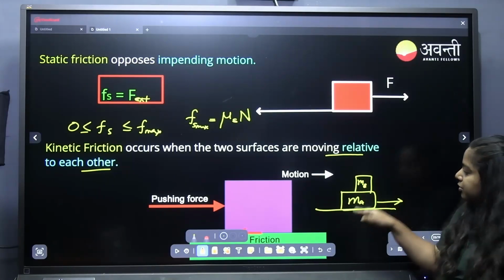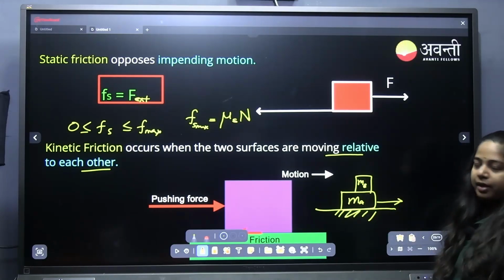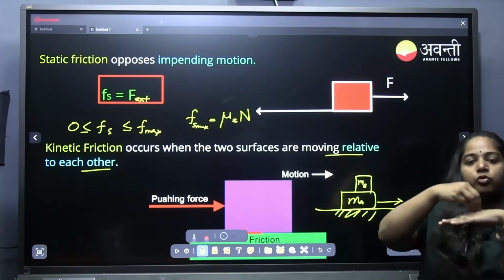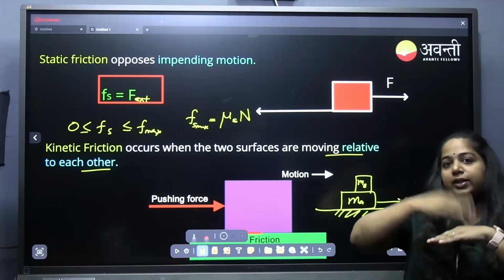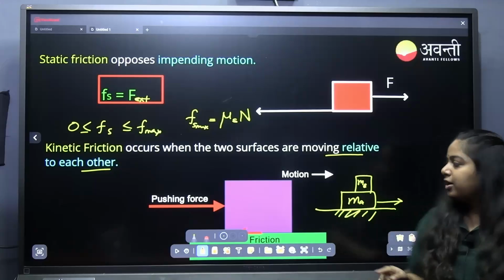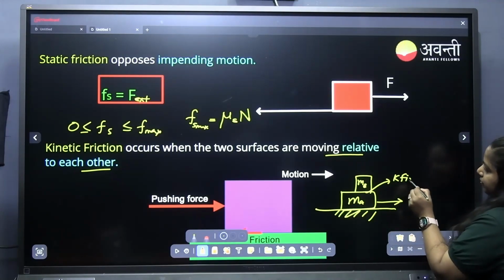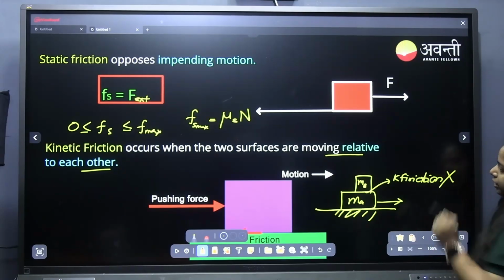Then there is a frictional force between this surface and MA. But if you consider MB and MA, if MA is moving, MB is moving along with it. In between them, between that surface, there is no motion, which means kinetic friction is not there.